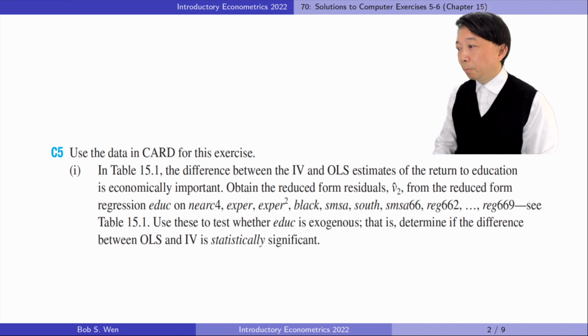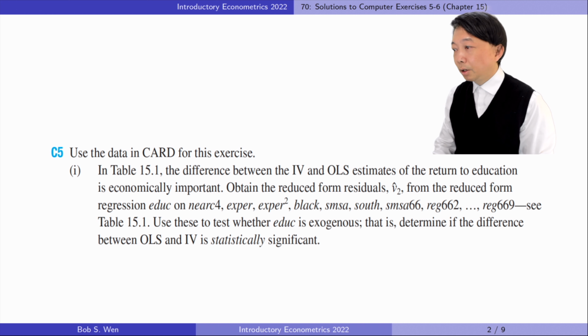Obtain the reduced form residuals mu2 hat from the reduced form regression of education on near C4, experience, experience squared, black, SMSA, South, SMSA 66, Reg 662 to Reg 669. Use this to test whether education is exogenous. That is, determine if the difference between OLS and IV is statistically significant.